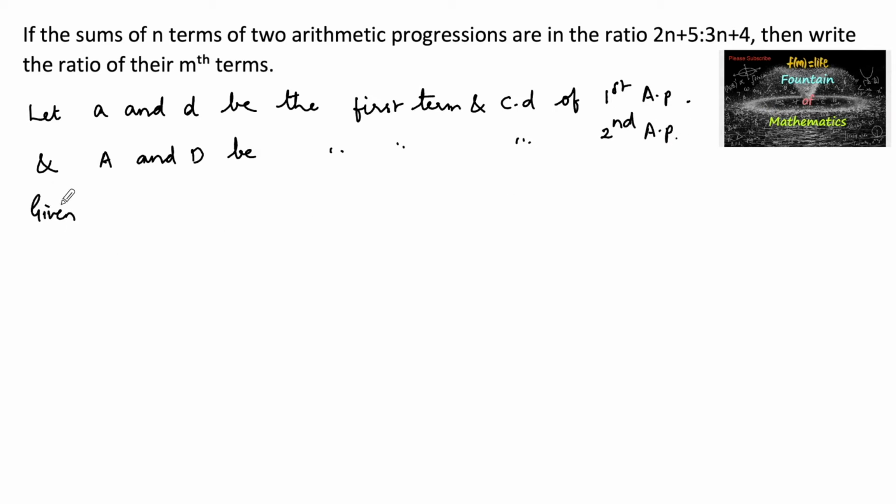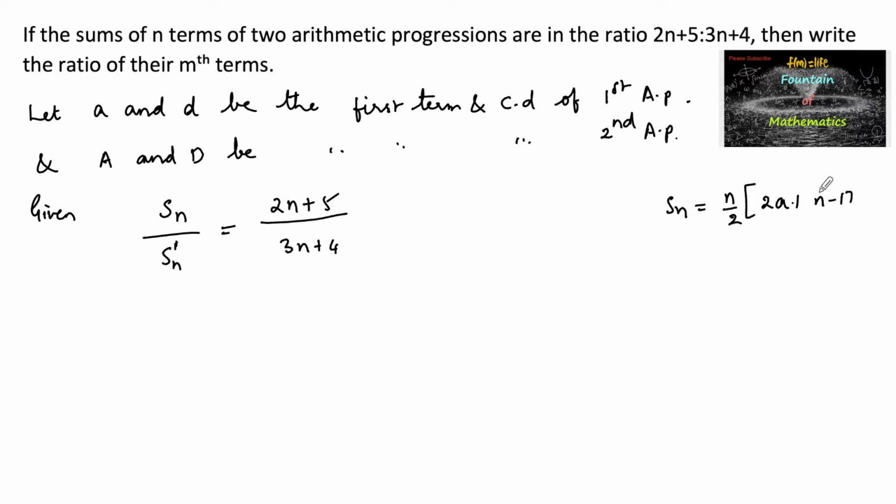It's given that sum of the n terms of two arithmetic progressions are in the ratio 2n plus 5 is to 3n plus 4. So let us consider Sn be the sum of first n terms of first AP, and Sn dash be the sum of first n terms of second AP. The ratio is given 2n plus 5 upon 3n plus 4. And the sum to n terms in arithmetic progression is n by 2 into 2a plus n minus 1 into d.